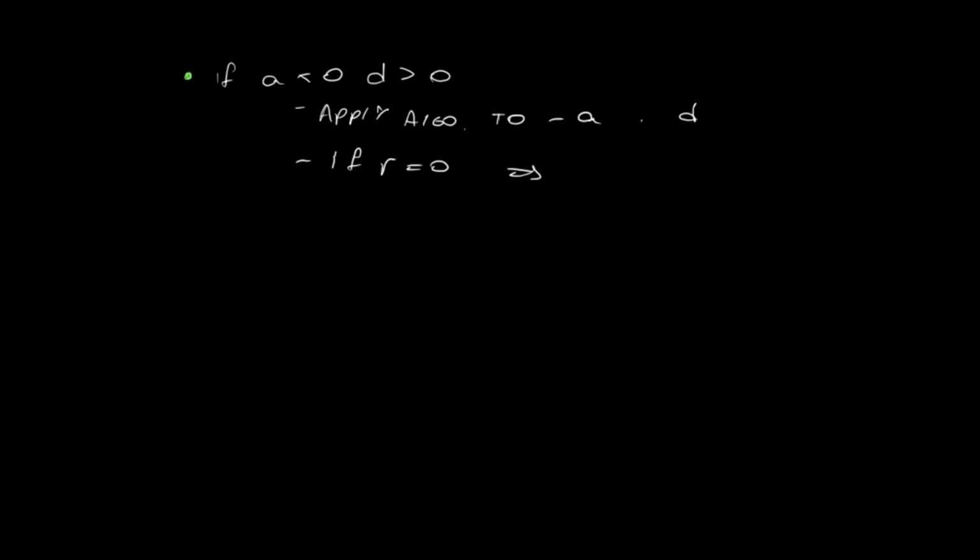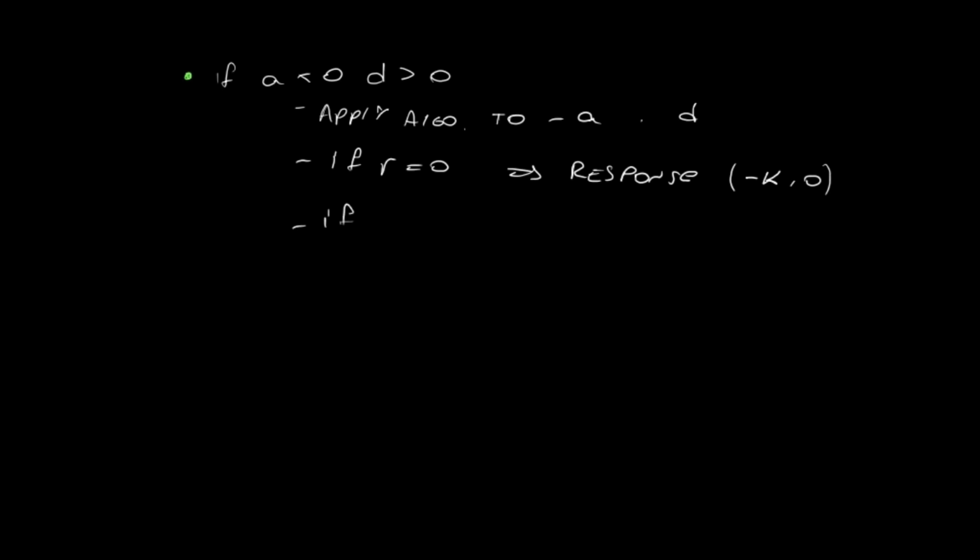If A is smaller than 0, D is greater than 0, then apply the algorithm to minus A and D. Now if R equals 0, then your response will be minus K, 0.